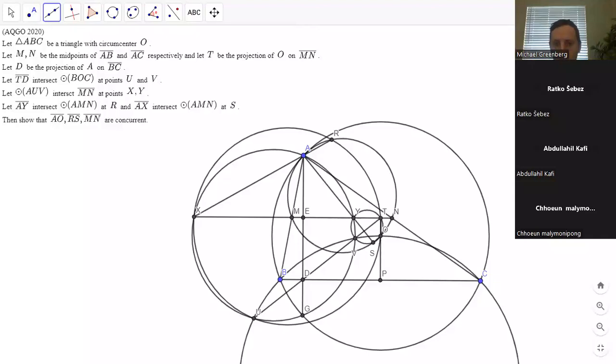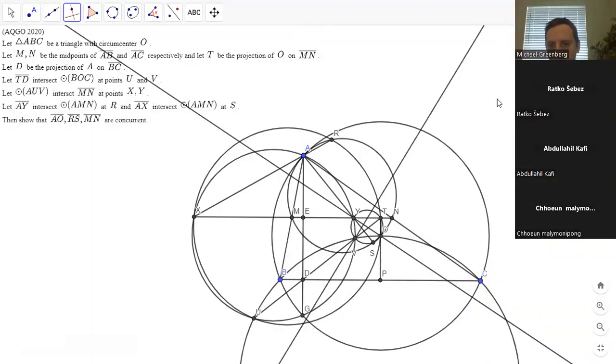I wonder if OY and VG are perpendicular. So here's OY. I don't think they are. No.